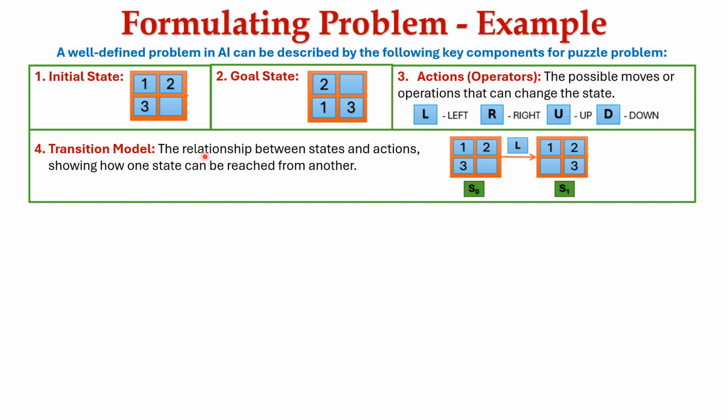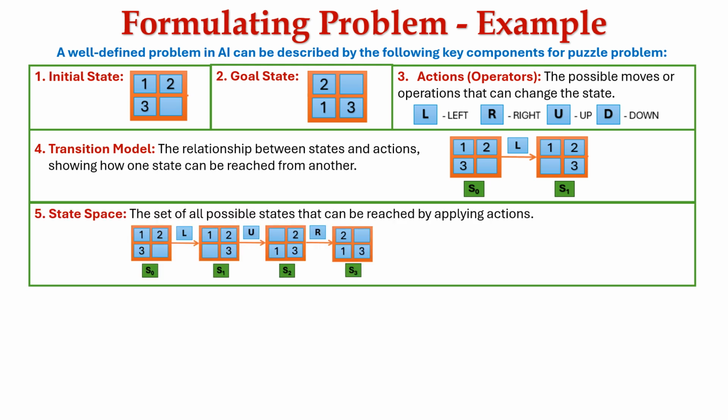The relationship between these states and actions is represented here. That is, showing how one state can be reached from another state. So in this example, from initial state S0, the blank space moves left by swapping with 3 and reaches the state S1, which is called the transition from state S0 to S1.